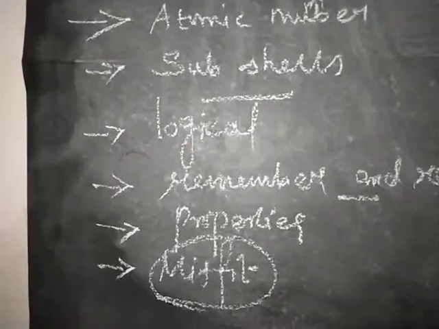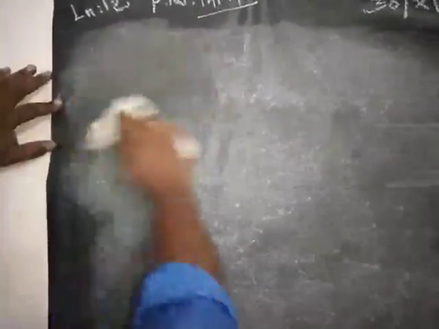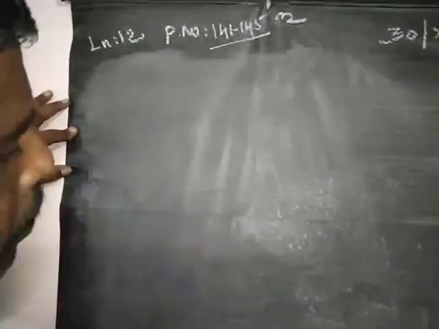Next, position of hydrogen in the modern periodic table. What is meant by position? Position means where we have to keep hydrogen.